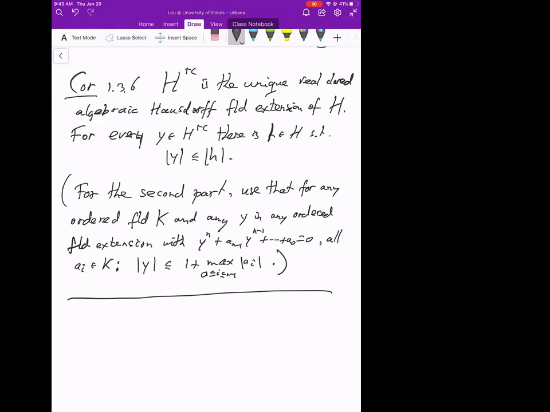Okay, so maybe I will also add one of the things that Hausdorff was particularly interested in, 137. Maximal Hausdorff fields: because of Zorn, there are maximal Hausdorff fields. Every Hausdorff field extends to a maximal one. They have to be real closed.